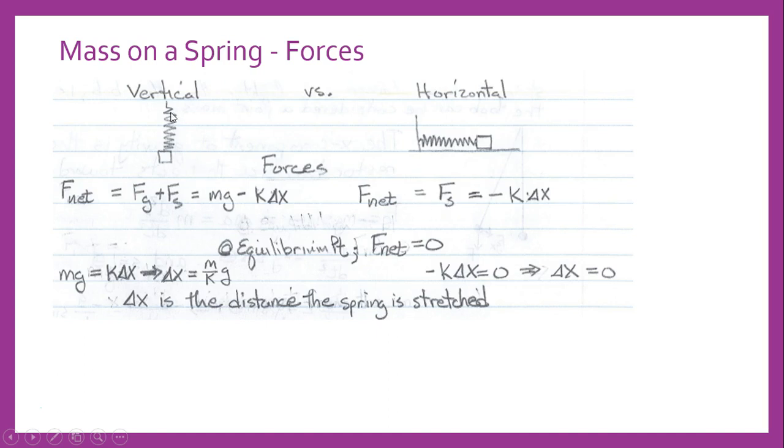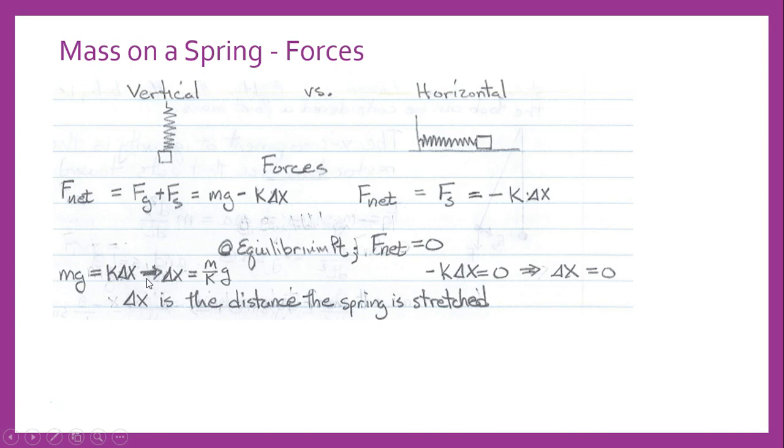Regardless of whether we have a horizontal spring or a vertical spring, at the equilibrium point the net force is 0. So notice that for the horizontal spring, that simply means the spring force is 0, so the equilibrium point on a horizontal spring is its natural length, or what we call delta x equals 0.